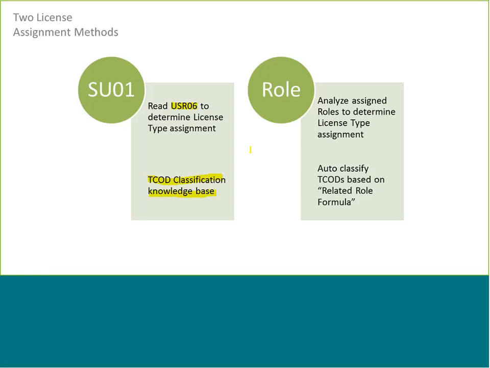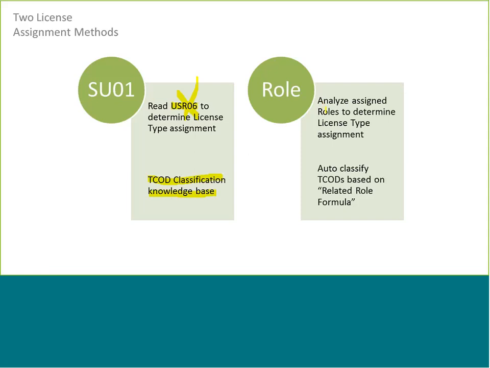Now the other approach, and we've learned about half of the customers that we've worked with are using this role-based approach. That is, they don't have data in the USR06 table, and employees are assigned license types based on the highest category of role that they're assigned to.